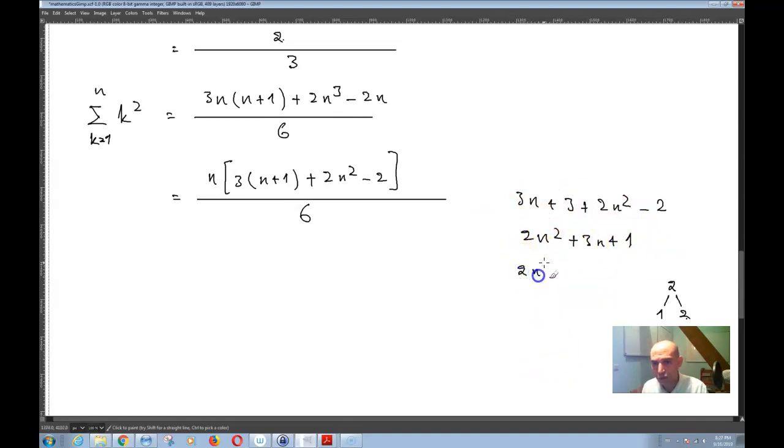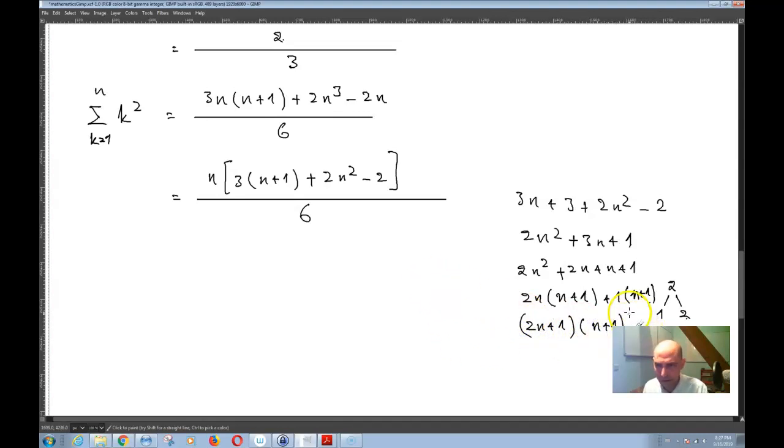So I write this as 2n squared plus 2n plus n plus 1. And then I can write this as 2n times n plus 1 plus 1 times n plus 1. And then this becomes 2n plus 1 times n plus 1.